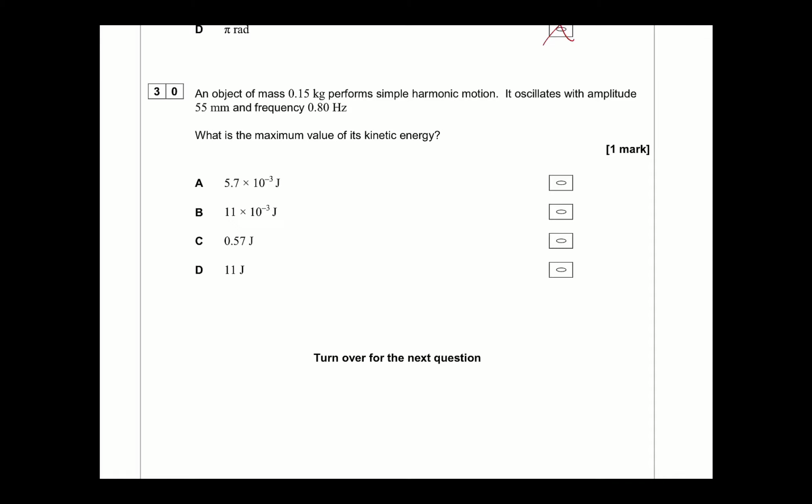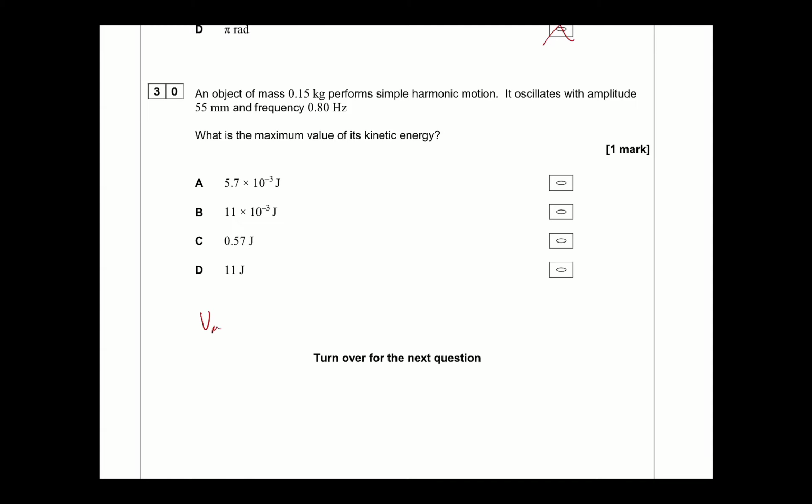Okay, so Vmax is amplitude times omega. Omega is 2 pi f.